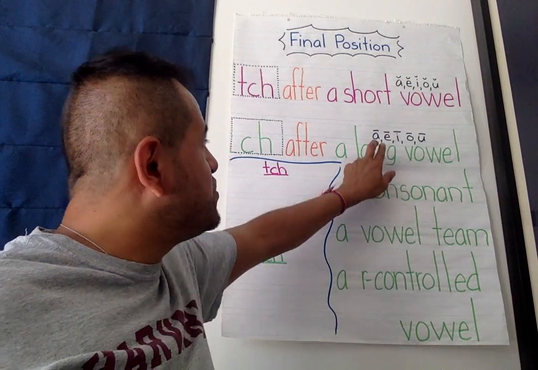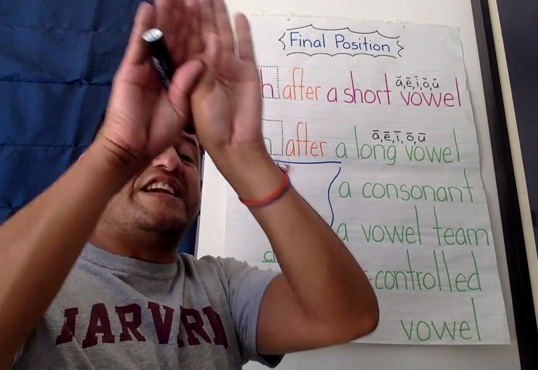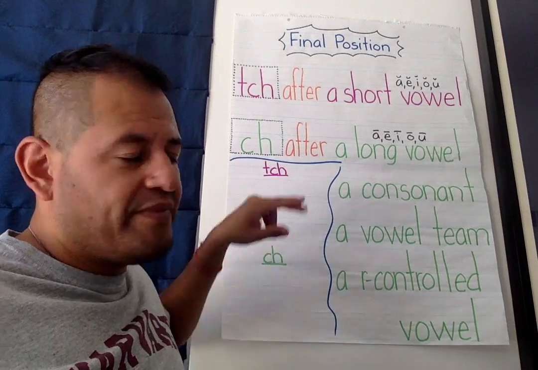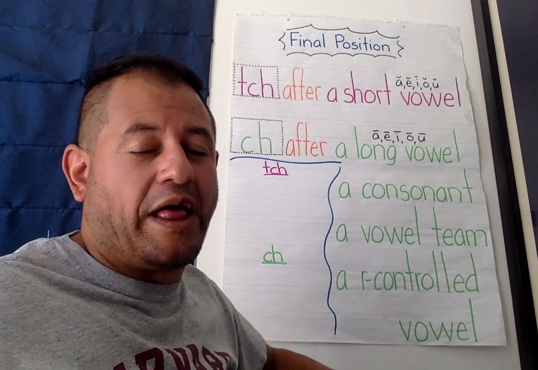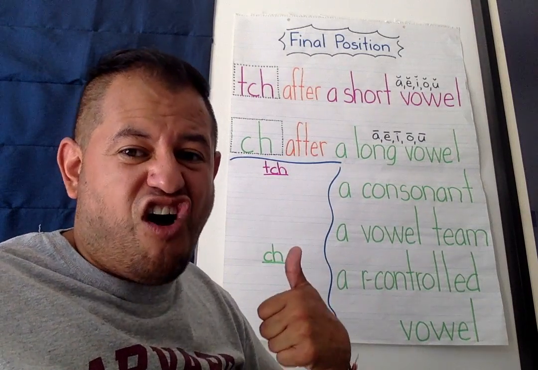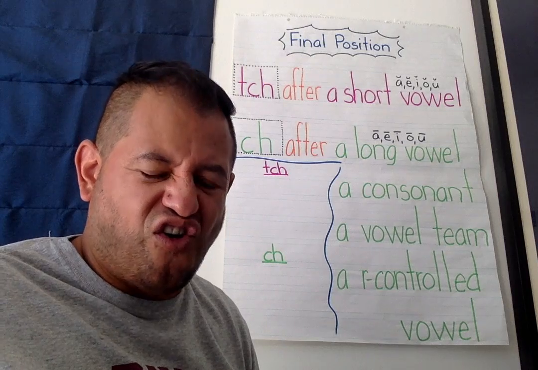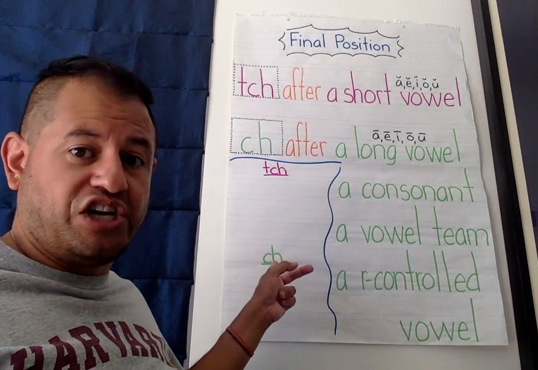So if you see two vowels together side by side, the next group of letters is going to be CH. Also, if it's an R-controlled vowel, like AR, ER, IR, OR, UR, the next one's going to be a CH, okay?